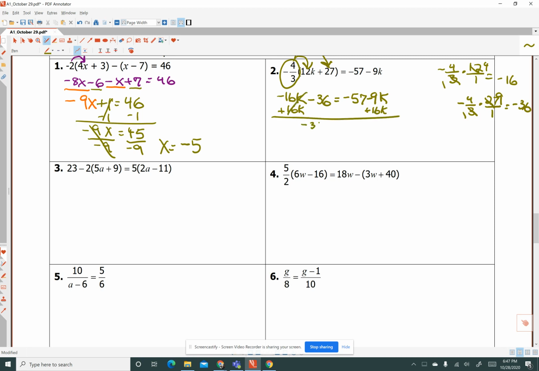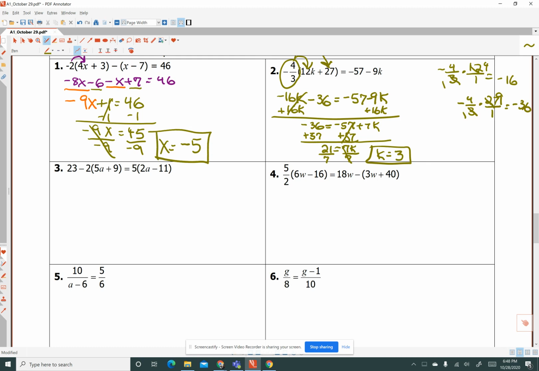So negative 36 equals negative 57 plus 7k. And let's add 57 to each side. And that will give us 21. A positive 21 equals 7k. And let's divide both sides by 7. And k equals 3. I see I forgot to box my answer over here.